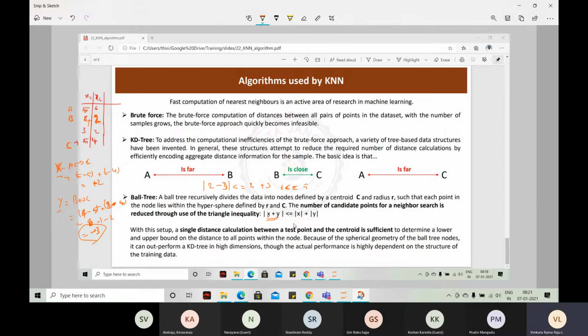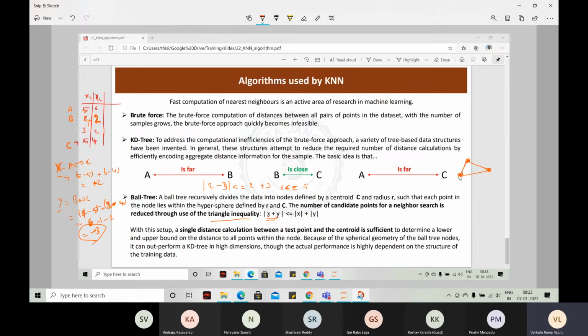Basically, I forgot what this triangle inequality is. Triangle inequality is nothing but, in a triangle, the sum of the lengths of two sides is always greater than the third side, sir. That's the triangle inequality. Okay, okay.